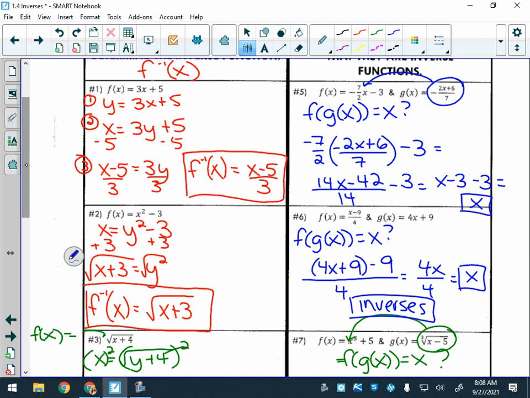So if you're looking at it, we have negative 2x plus 6 over 7, and this is negative as well. So we pretty much did the top, right? So when we distribute, we have positive 14, negative 42, and this ends up being positive 14. So should I get x here? What should it be?